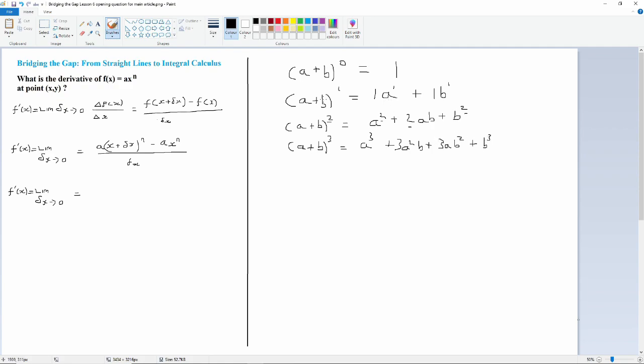And I actually just want to write the ones in again. So there's a 1 there and a 1 there. And there's a 1 here and there's a 1 here. Okay, so we'll note again that a plus b cubed is raised to the power 3, and the first a term is raised to the power 3, and then the next term, the second term, has a coefficient of 3, and the final term is just 1 times the second term, the b, raised to the power of 3.